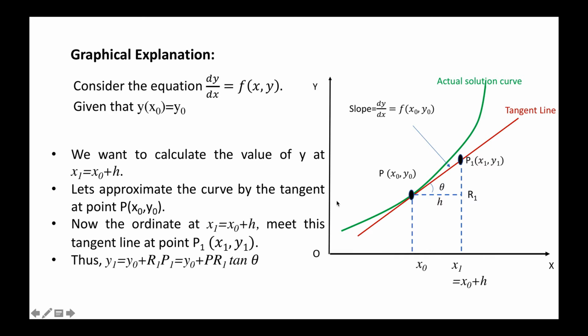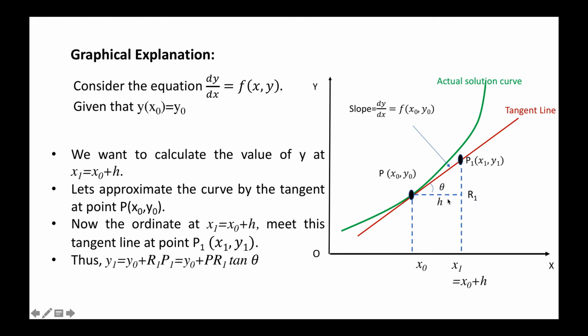Now y1 is given by y0 plus R1P1. If we draw a perpendicular from point P onto the vertical line from x1, and assume that this angle is theta, then the value y1 is given by y0, the same y0, plus P1R1.